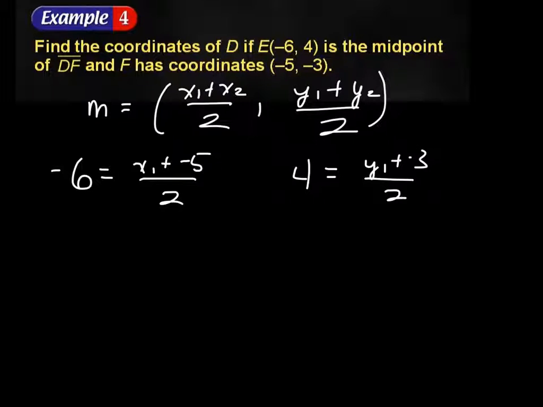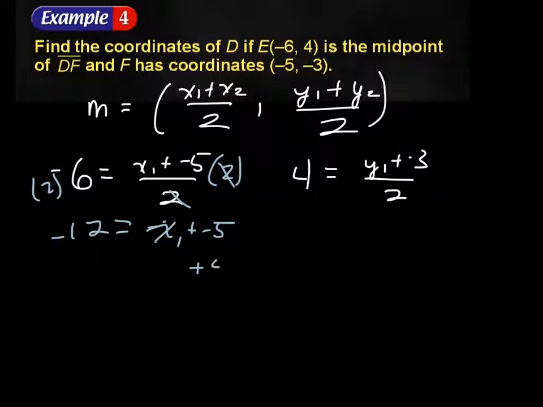So these are going to solve the exact same way. We're going to multiply both sides by 2. And we have x sub 1 plus negative 5. And then add 5 to both sides of the equation. So we have negative 7 equals x sub 1.